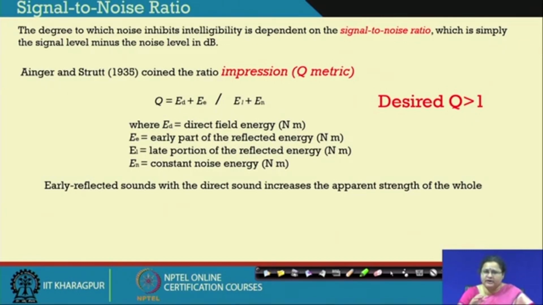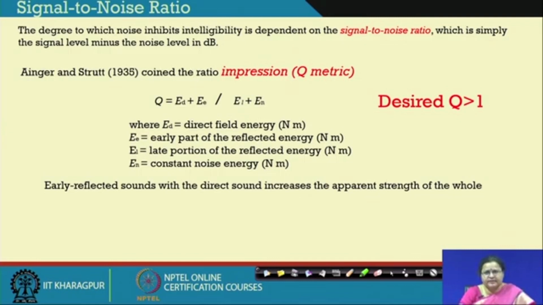We do not want that sound to reach the person's ears, but it is reaching. We cannot stop that, because we cannot have a foolproof room where there will be no sound of fans, no sound of mechanical ducts, and no sound coming from the roadside. So, we have to account for it and look into what happens there, and that is the purpose of the signal to noise ratio.